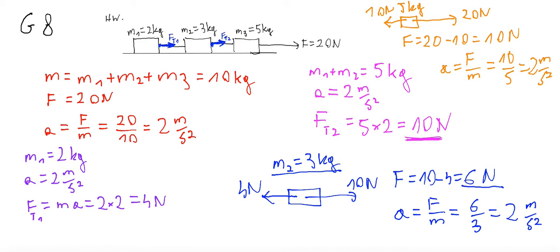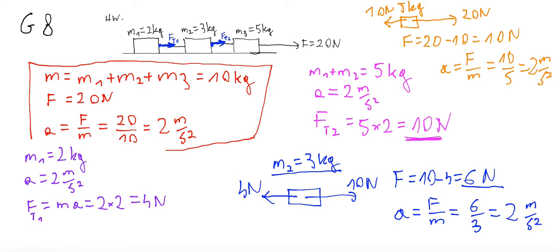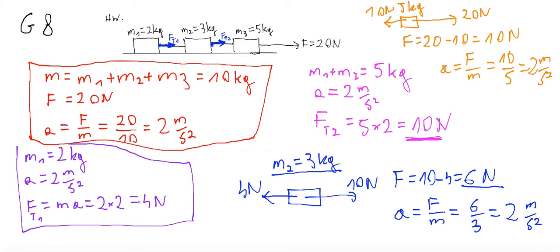Okay, so what is the solution? In the case of solution, first you have to calculate acceleration, which is equal to 2, and then separately the last mass, the left, so m1, which is equal to 4 newtons, and separately these two masses, so tension of another string.